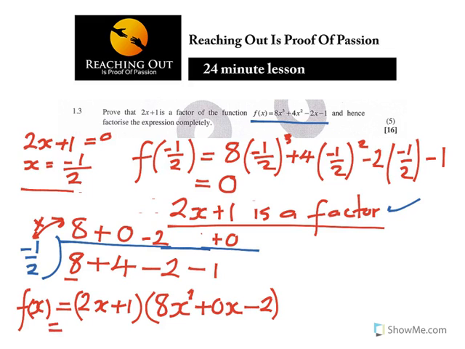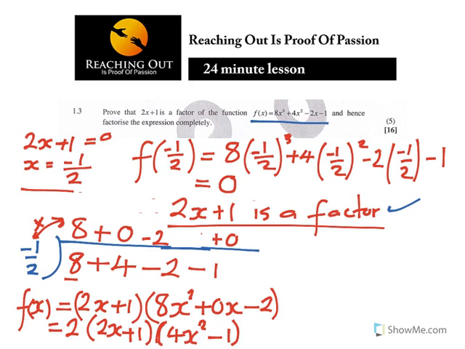So this is the same as, you can see between 8 and 2, 2 is common. You take out a 2, which is 2x plus 1 times 2 into 4x squared minus 1.